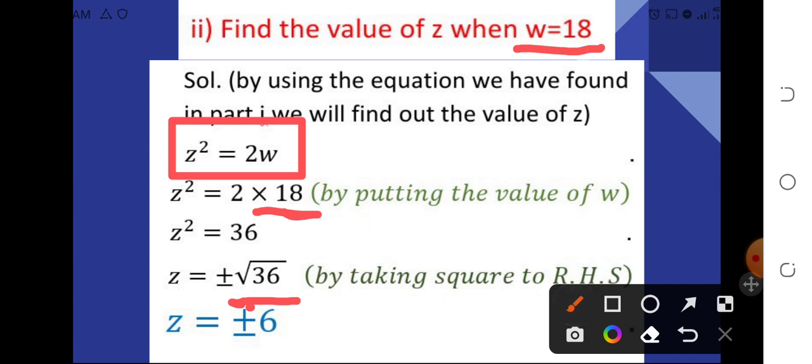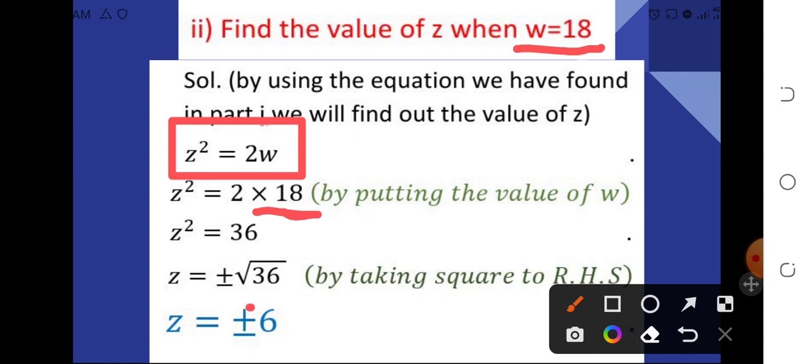Because we moved the square to the right hand side, so we get 36 under the root sign.